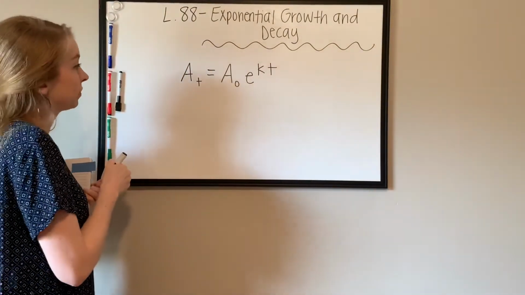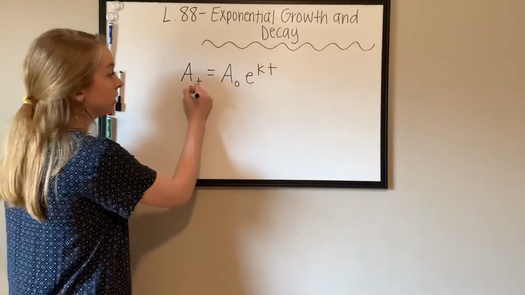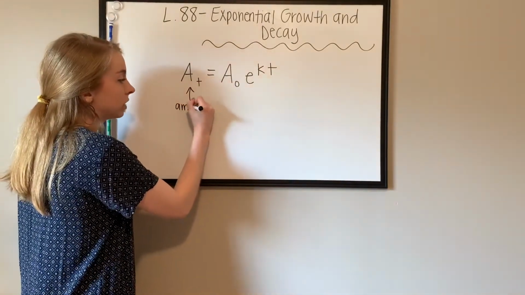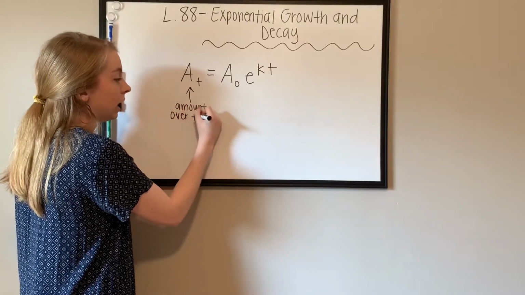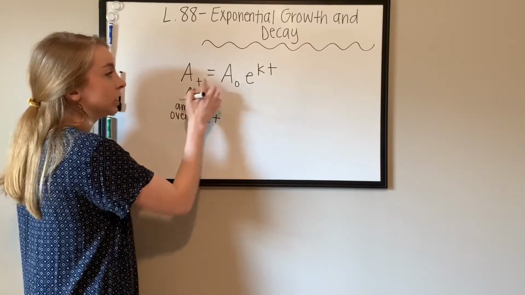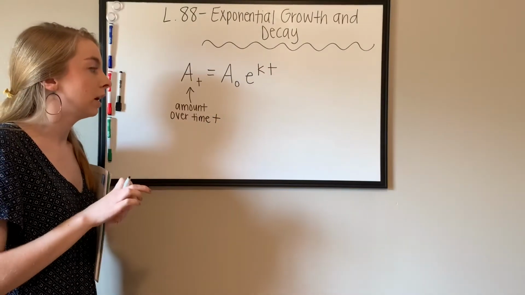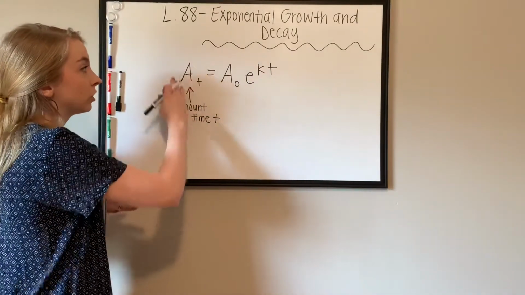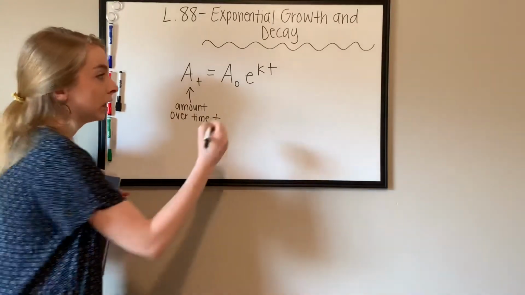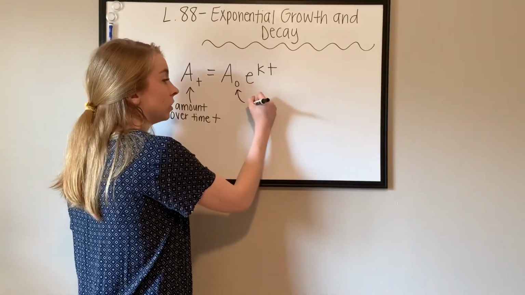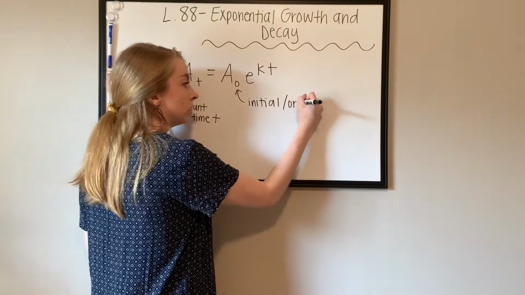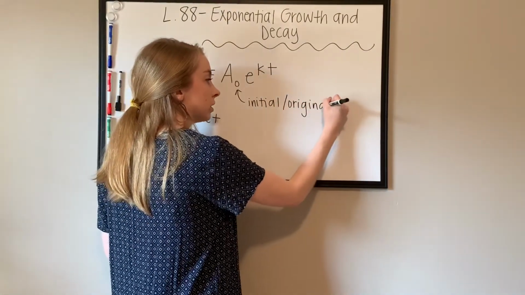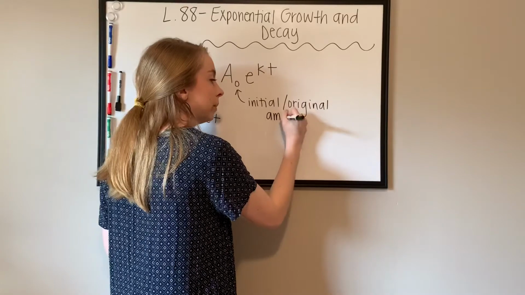Here's what they mean. A sub t means amount over time t. So whatever your time amount is, this is what you're going to end up with. A sub 0 is your initial or original amount. It's how much you're starting with.